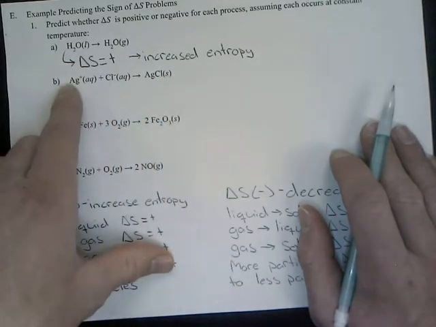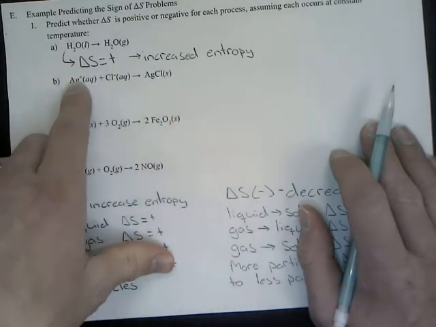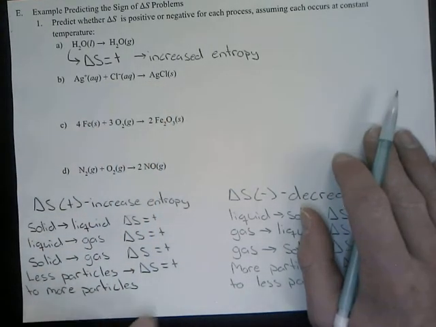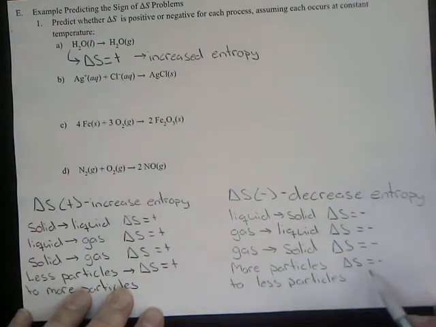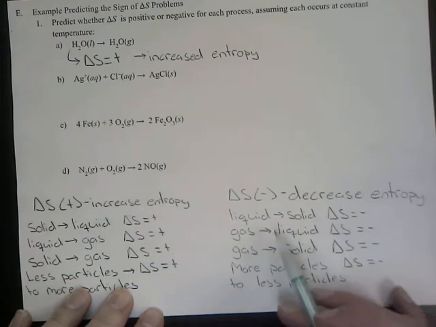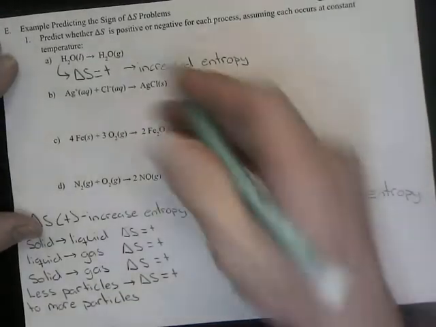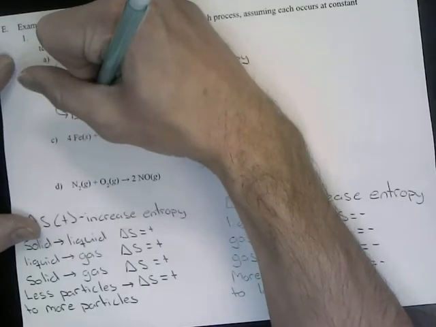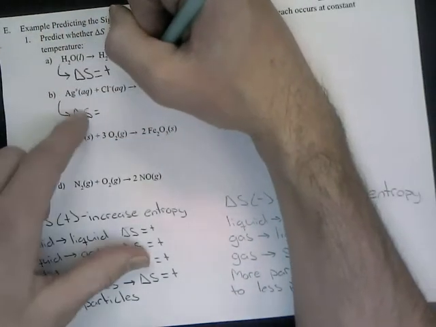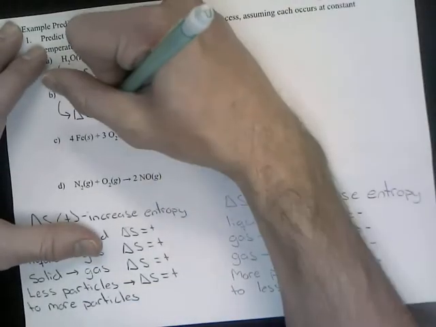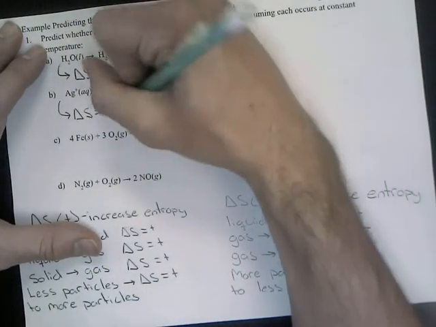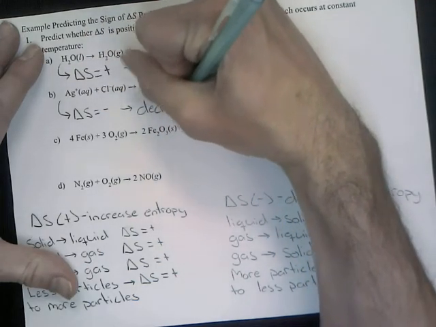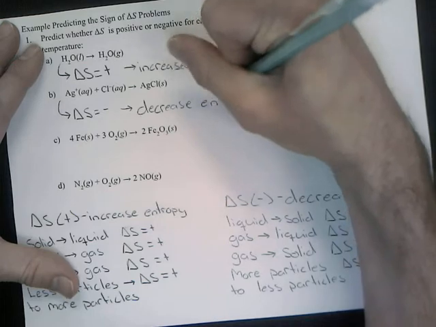We also go from two particles on the left to one particle on the right. So again, more particles to less is negative. Also, liquid to solid is negative. Again, you don't necessarily want to say aqueous is liquid, but these are dissolved in water, which would have a similar function. So again, this is a decrease in entropy.